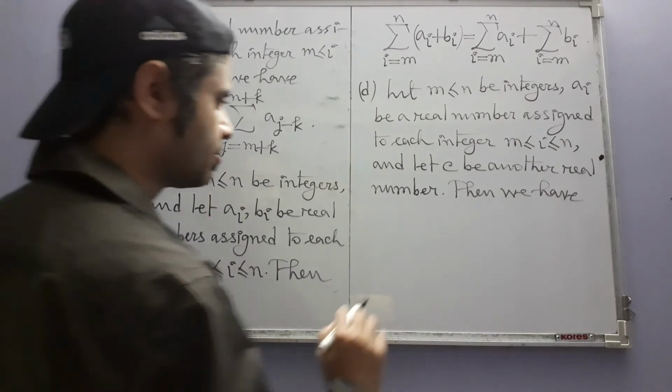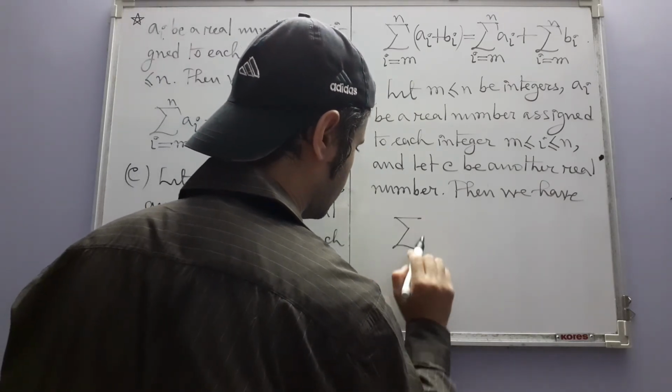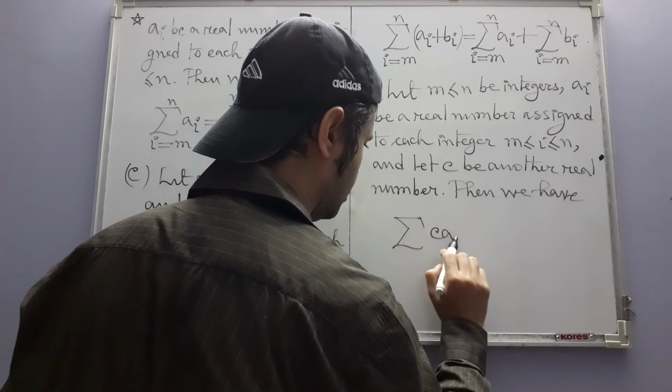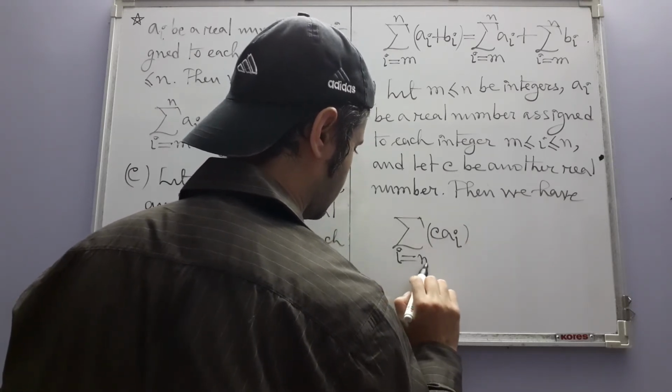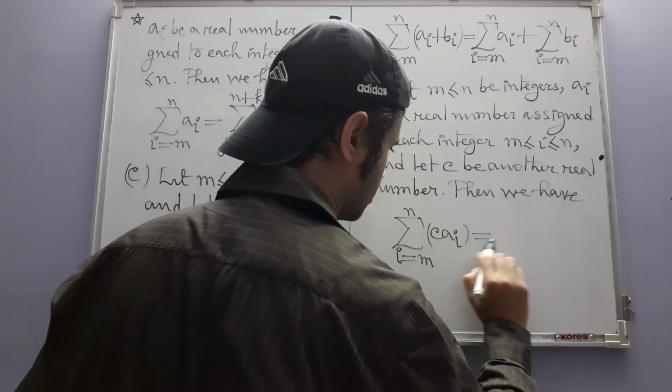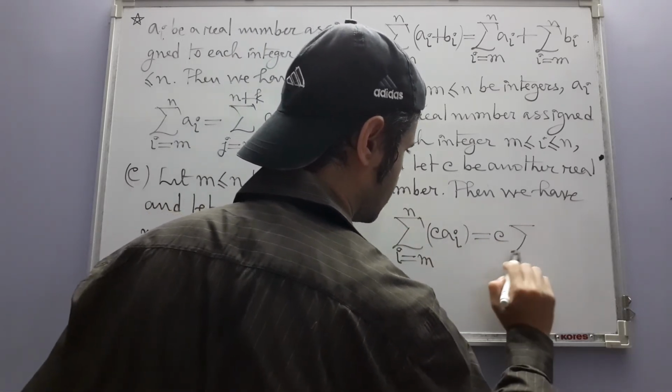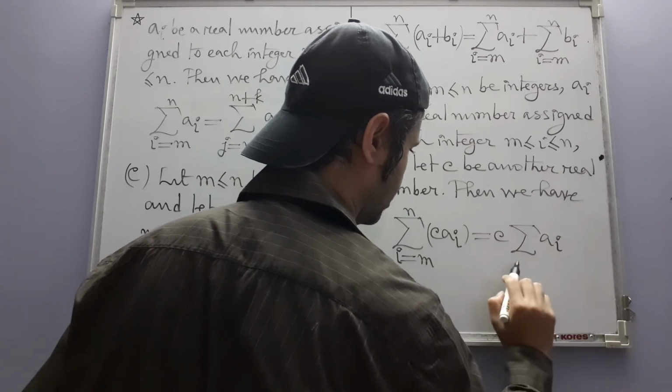Then we have summation c a_i is equal to c times summation a_i.